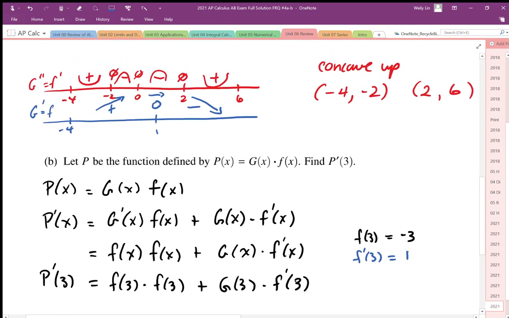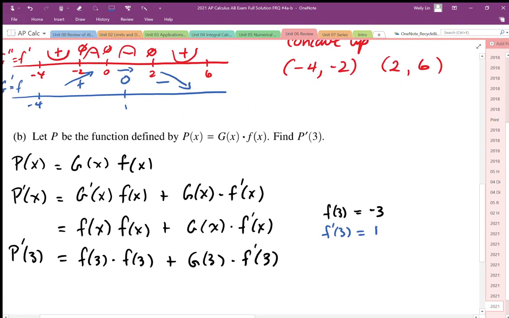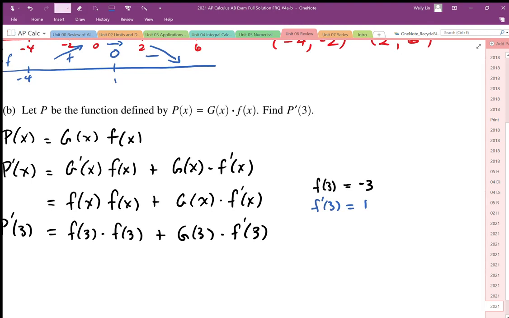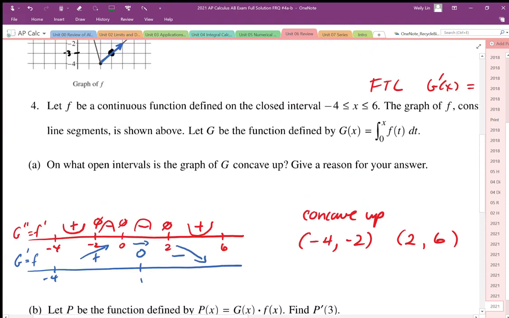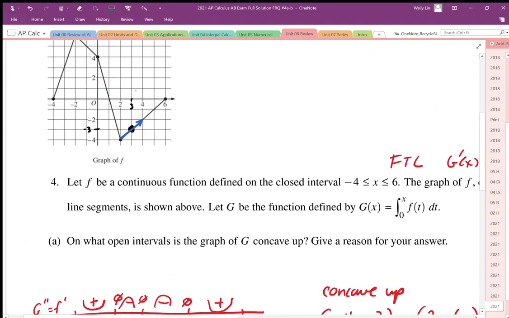Lastly, I need to determine g of 3. Now g of 3 is going to be determined through the integral. I need to find g of 3, and that's going to be the area under f from 0 to 3. If I take a look at this graph from 0 to 3, we have positive area here and negative area here. Those kind of cancel out.